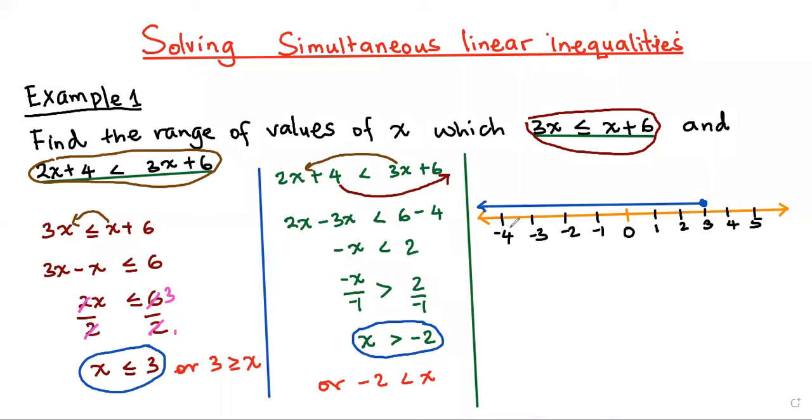So I will go at -2, then I use open circle. Then I go to the right. Is that okay, student?